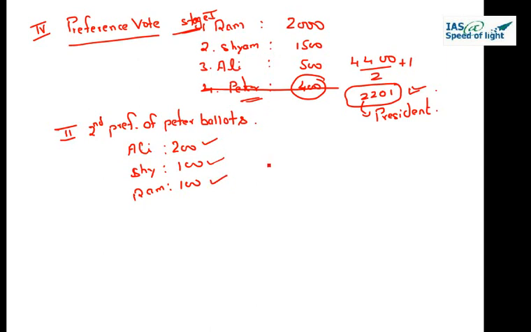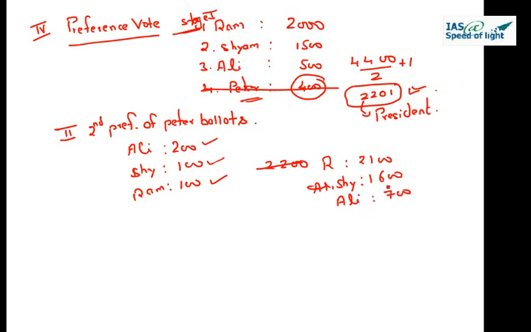So total, Ram becomes 2200, sorry, Ram becomes 2100, Shyam becomes 1600 and Ali becomes 700.